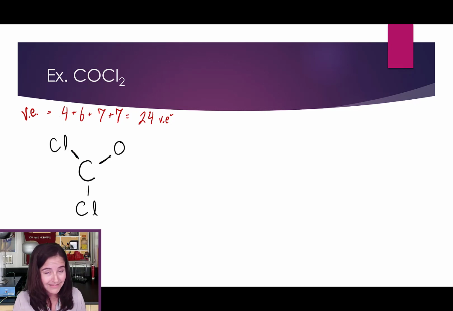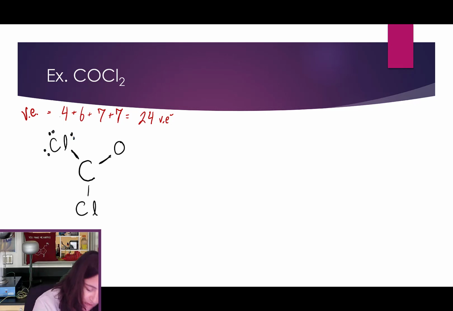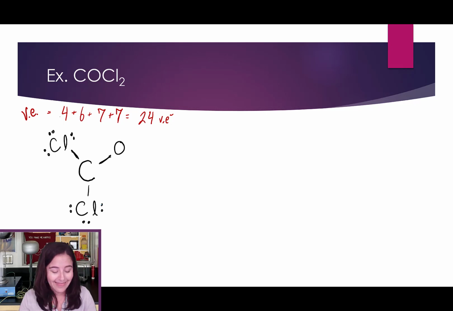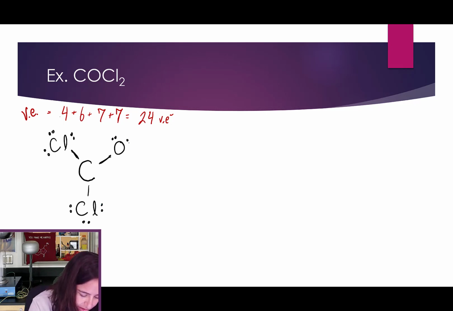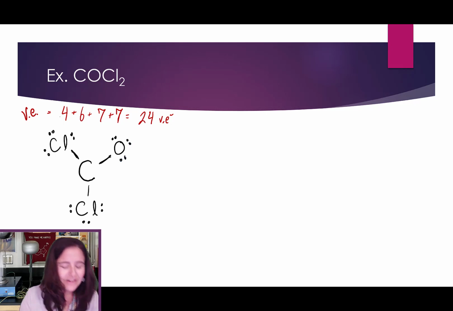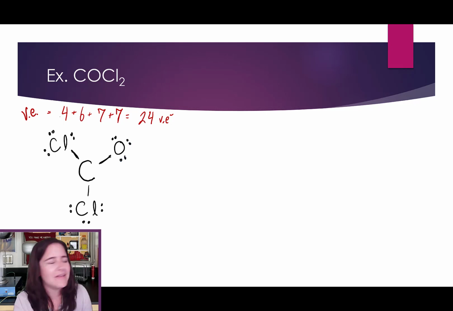All of the outside ones still need more electrons. So I got 6, 8, 10, 12. That chlorine's happy. 14, 16, 18. That chlorine's happy. 20, 22, 24. That oxygen is happy and I'm out of electrons.